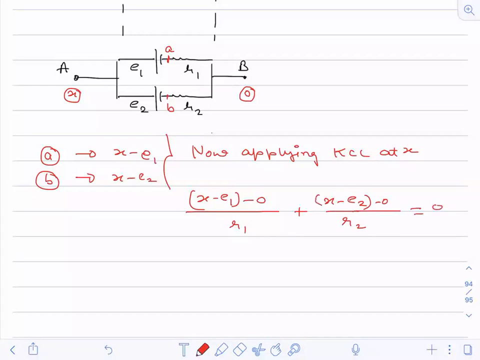Now if I solve this, (X minus E1) by R1 is equal to (E2 minus X) by R2.